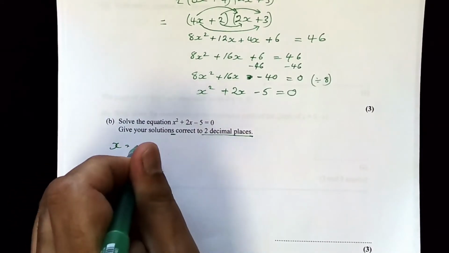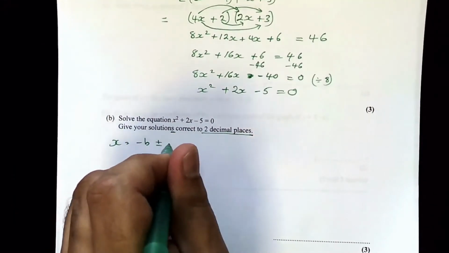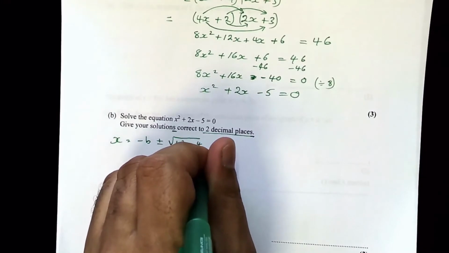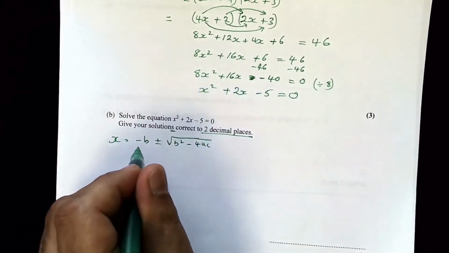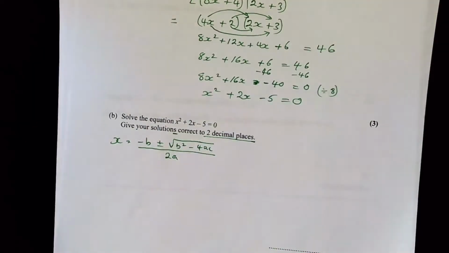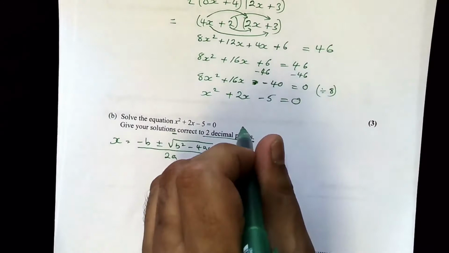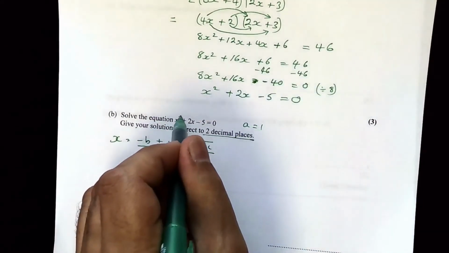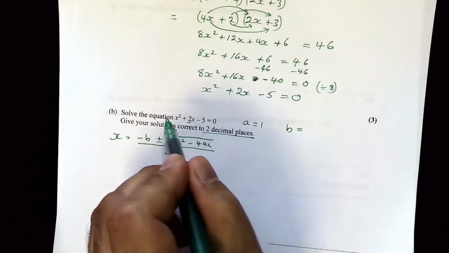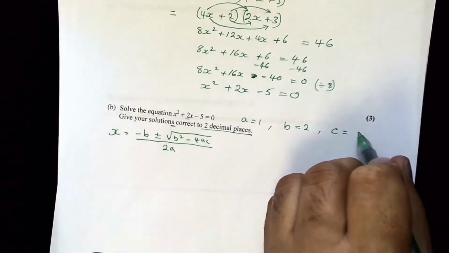So x is equal to minus b plus or minus the square root of b squared minus 4ac, all divided by 2a. So in this question, a is equal to 1, b is equal to 2, and c is equal to minus 5.